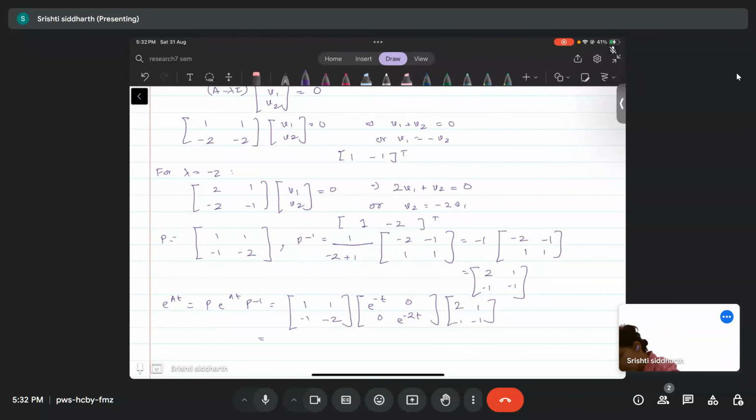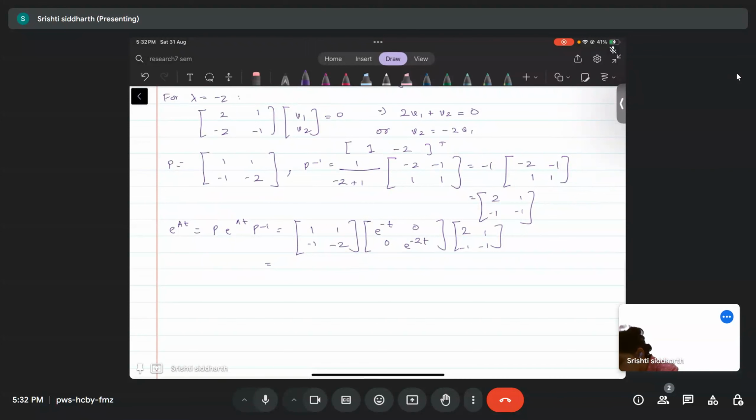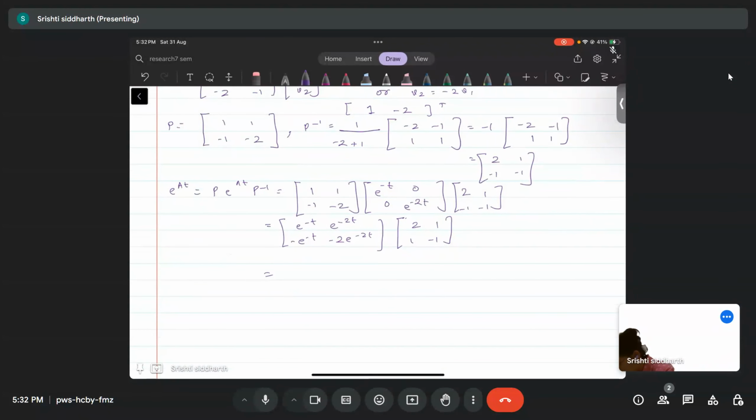So this is e to the power minus t, e to the power minus 2t. Then we have 2 e to the power minus t plus e to the power minus 2t. We have e to the power minus t minus e to the power minus 2t.